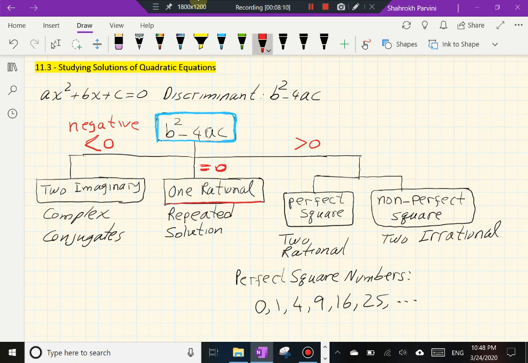If it's less than 0, that means negative, then this is what we would expect to see. And finally, for a positive discriminant, we expect to see either two rational or two irrational solutions. And there you have it. This is a different way of illustrating what's in your book on that page.